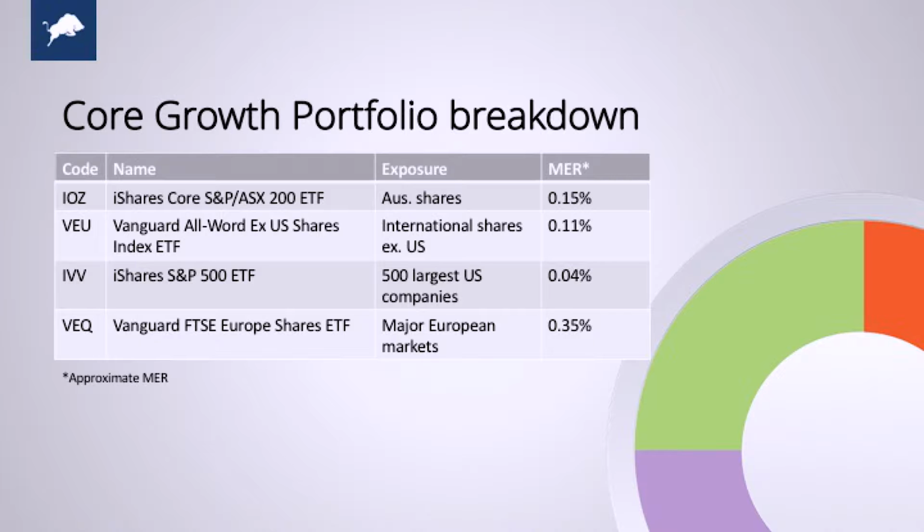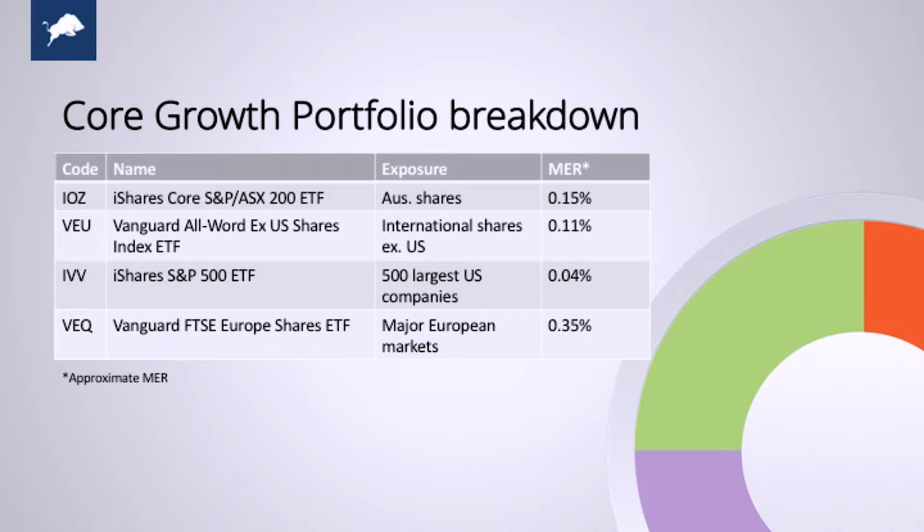Now, getting our European exposure, and certainly in the month of May, this significantly benefited our international exposure, doing approximately 4.6% just for the month, was the Vanguard European Shares ETF. So this tracks the major European markets. Our international exposure there is made up of the Vanguard All World ex-US, the iShares S&P 500, and the Vanguard European markets.